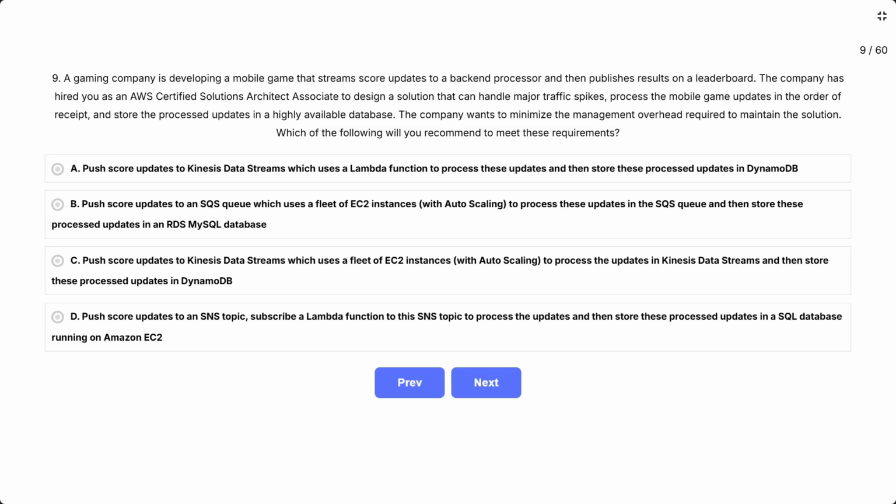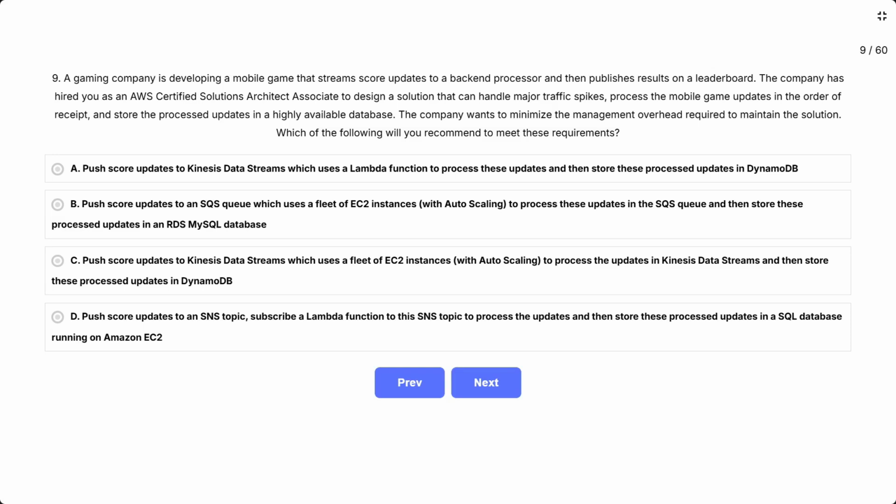The options are: A. Push score updates to Kinesis data streams, which uses a Lambda function to process these updates and then store these processed updates in DynamoDB. B. Push score updates to an SQS queue, which uses a fleet of EC2 instances with auto-scaling to process these updates in the SQS queue, and then store these processed updates in an RDS MySQL database.